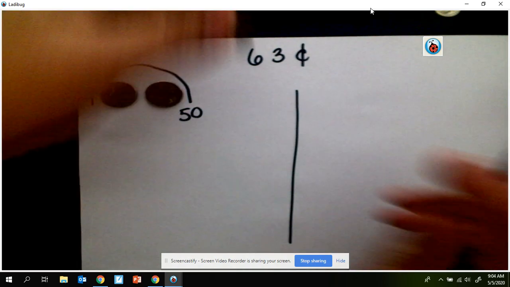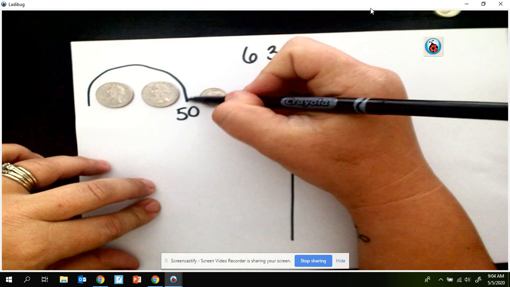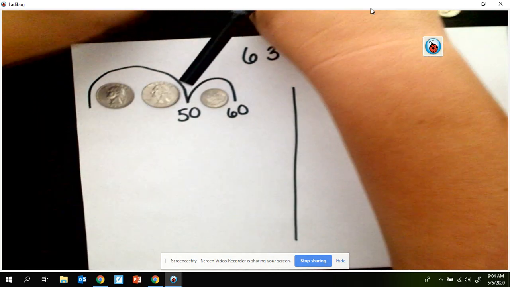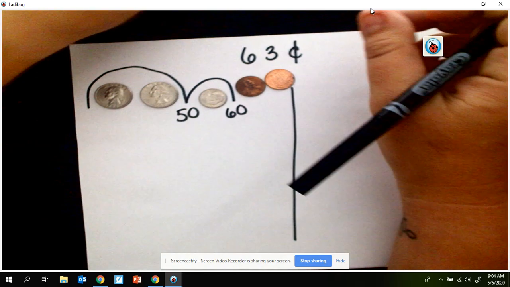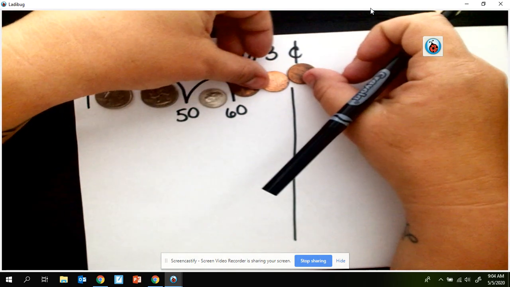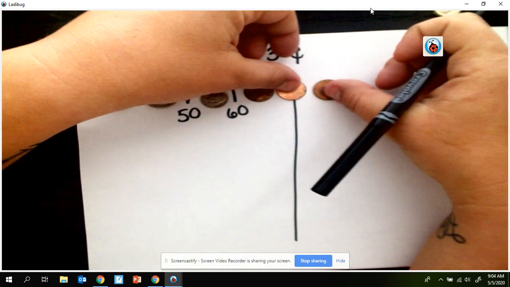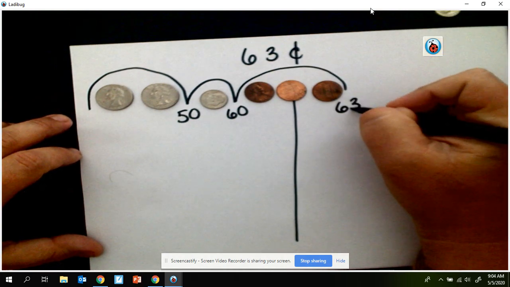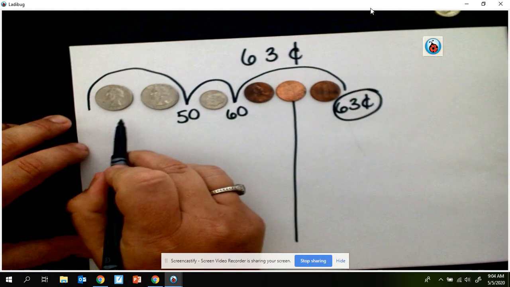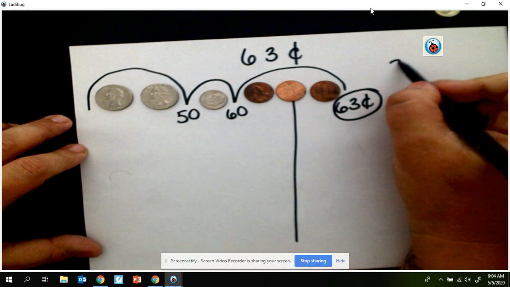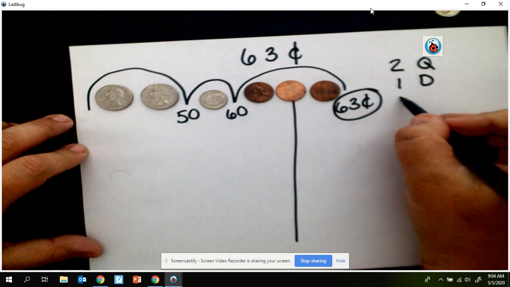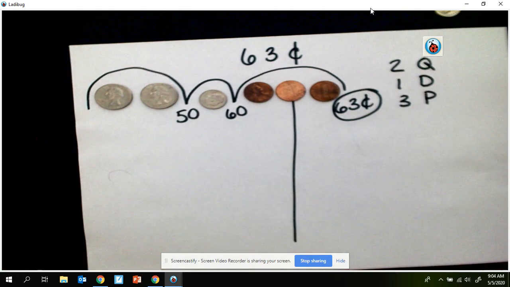I could add a dime. That could get me to 60. And I want 63, so I can add 3 pennies. 1, 2, and 3. That would get me to 63 cents. So this way is 2 quarters, 1 dime, and 3 pennies gets me to 63 cents.